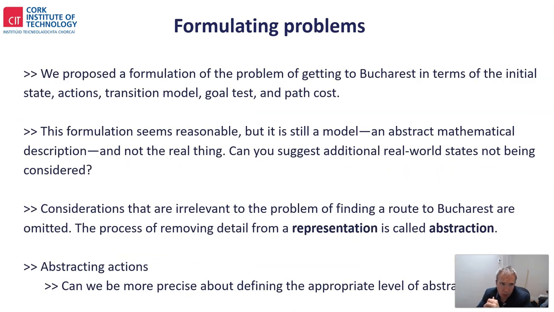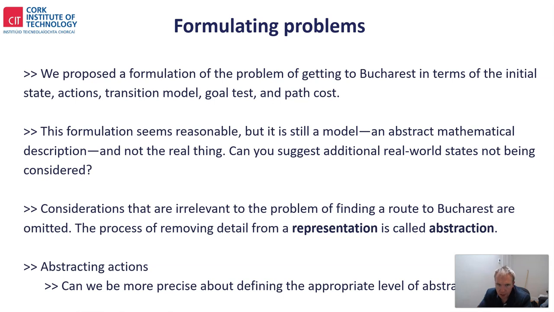So in formulating problems, we propose the formulation of the problem of getting to Bucharest in terms of the initial state, actions, transition model, goal test, and path cost. Okay, so if we compare the simple state descriptions we've chosen in Arad to an actual trip across the country, the state of the world includes a multitude of things, getting into the minutiae of the detail.